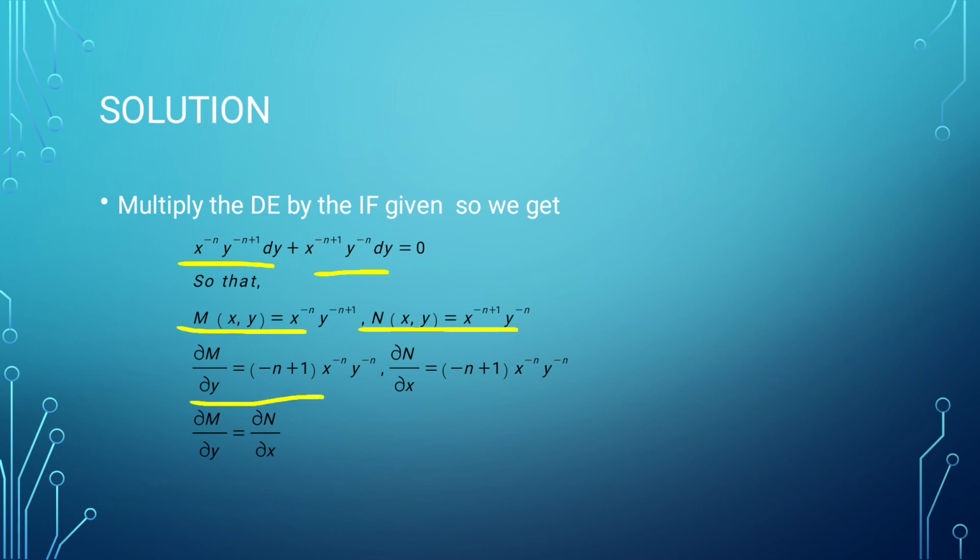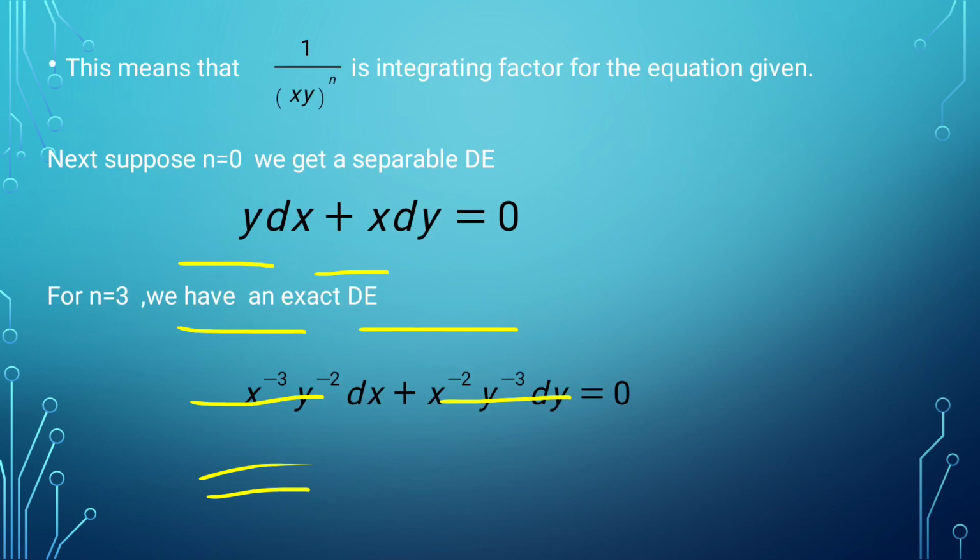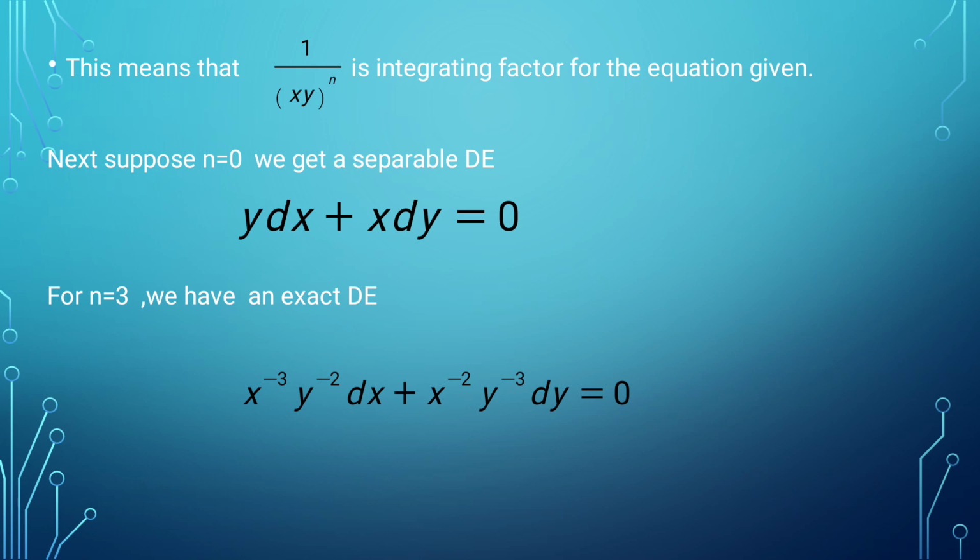You can see that this is the same as this, so this is true, and therefore the IF given is for sure the integrating factor for that DE, because it has transformed the differential equation into an exact differential equation. So this fraction is surely an integrating factor for the equation given.